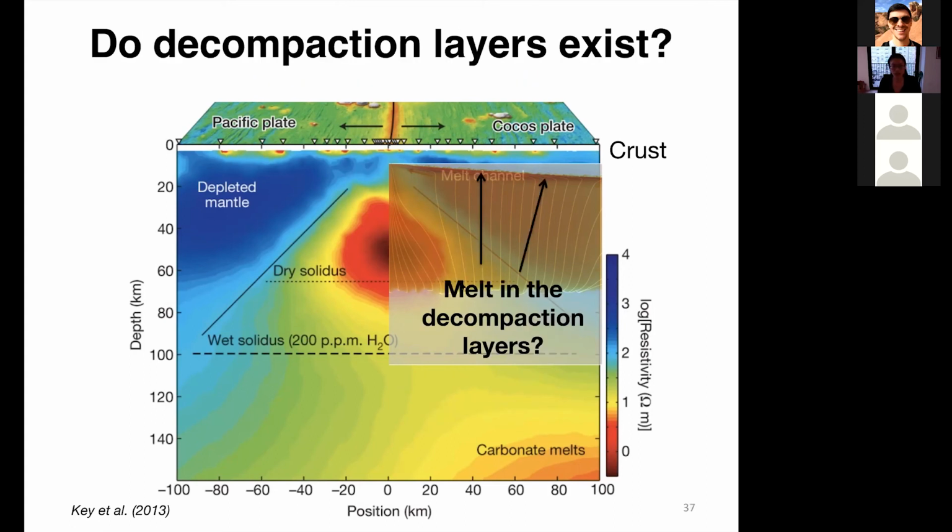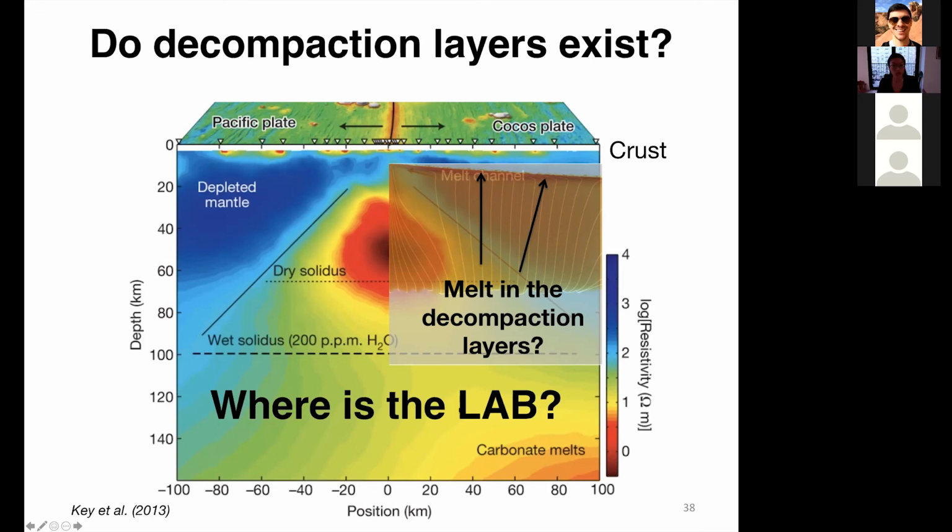But then you see that they don't really see these decompaction layers. Is it just missing because they see this very resistive region here where the melt is supposed to be? So where is the lithosphere-asthenosphere boundary? Is there something wrong with the models, or are the geophysical methods just unable to resolve them?